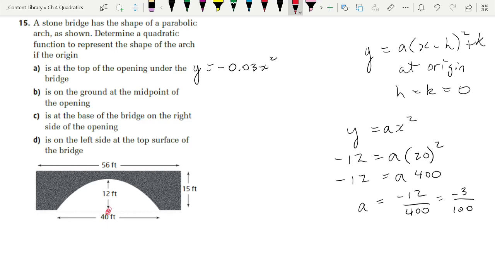Now, H and K aren't 0 anymore. So now my equation for B is going to be y equals A, and my vertex has moved. It hasn't moved horizontally, so H is still 0.